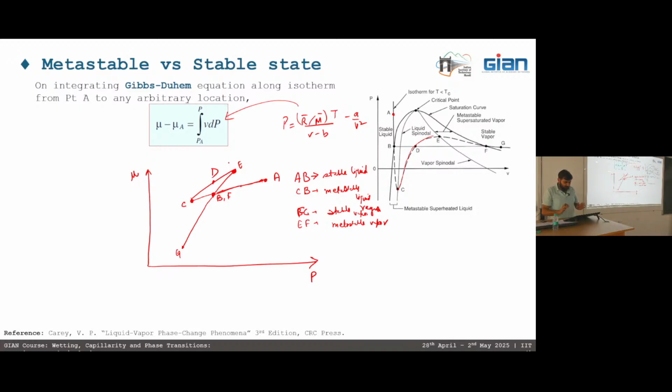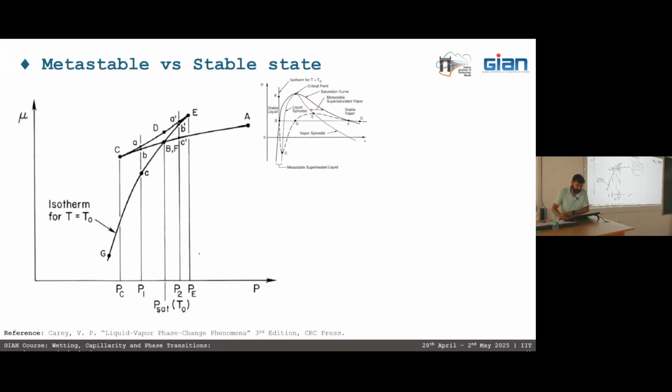Now let me assume a point here, P1, and at this point P1 we can have 3 different states. One can be state A, one can be state B, one can be state C, for which we have different chemical potentials. Of course the temperature is the same because this is an isotherm and pressure is also the same, but we can have 3 different potentials here.